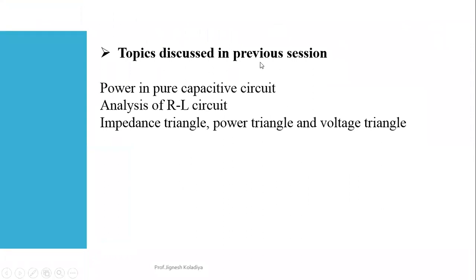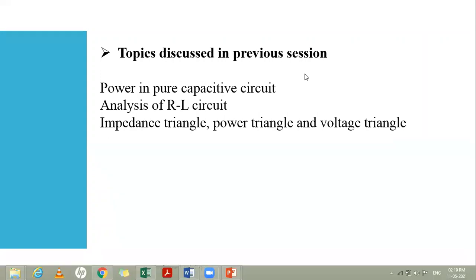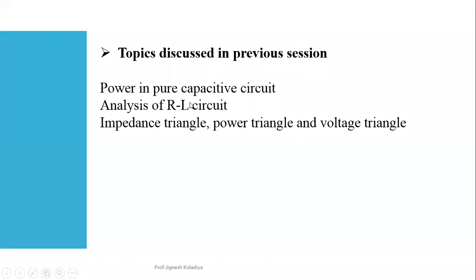Let me just give you the highlight of the previous session. In the previous session, we completed the power in pure capacitive circuit. Then we saw the analysis of RL series circuit. After that we discussed the impedance triangle, power triangle, and voltage triangle.